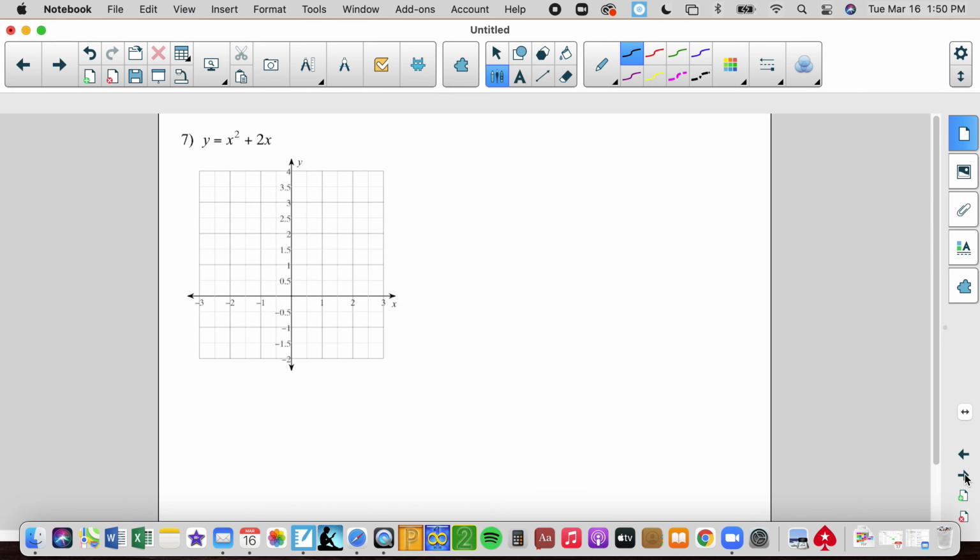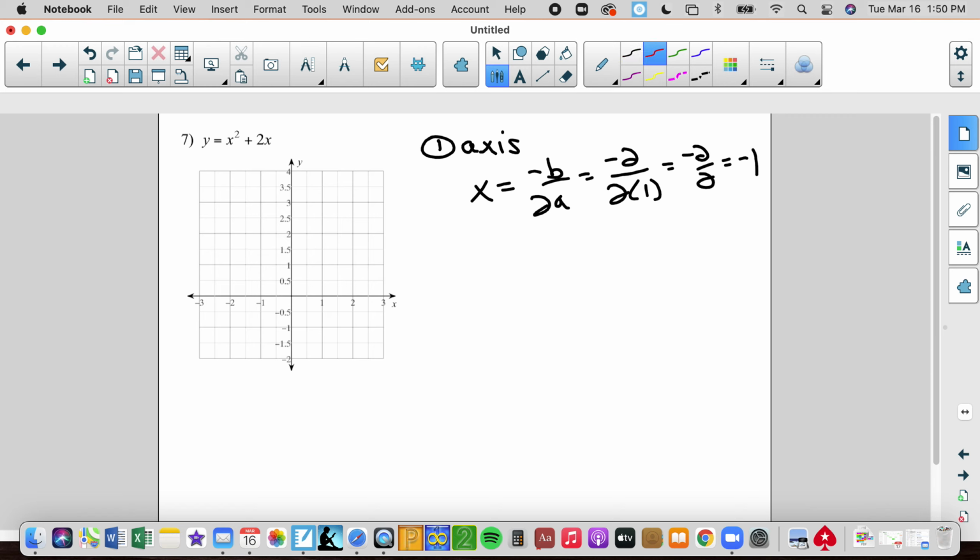And the last one, where we only have 2 terms. When I find my axis of symmetry, x equals the opposite of b over 2a, the opposite of 2 over 2 times 1, negative 2 over 2, which is negative 1. Axis of symmetry.